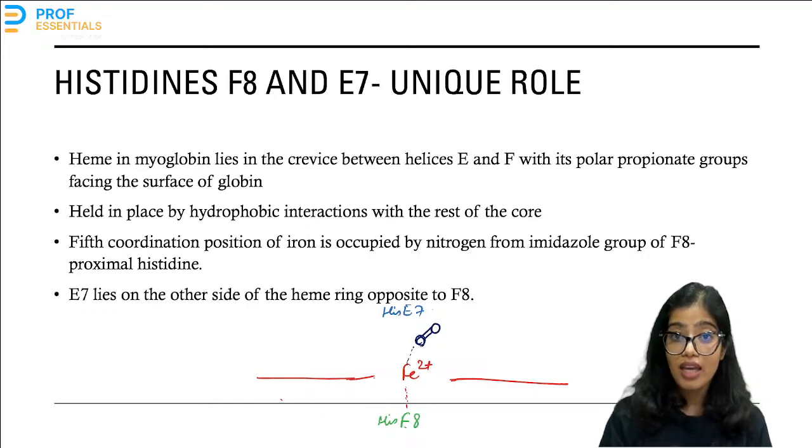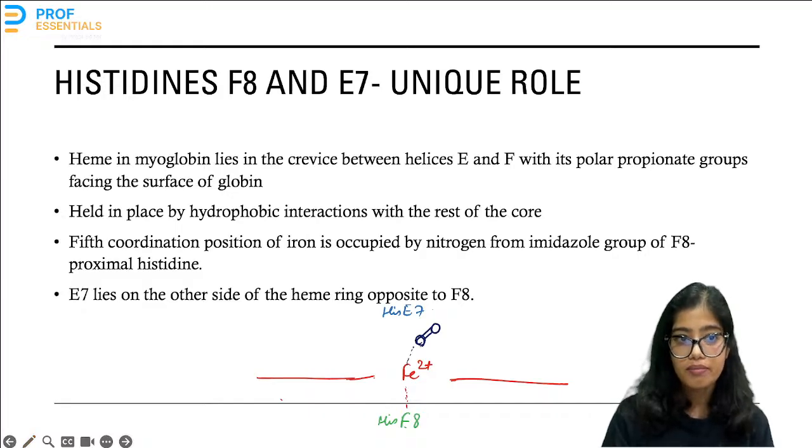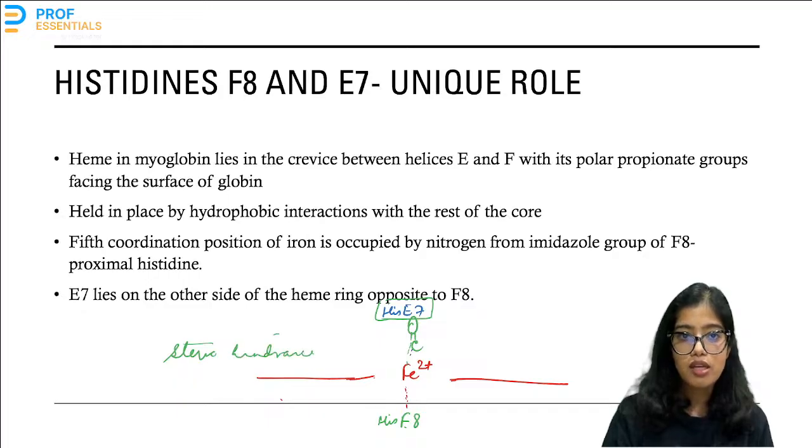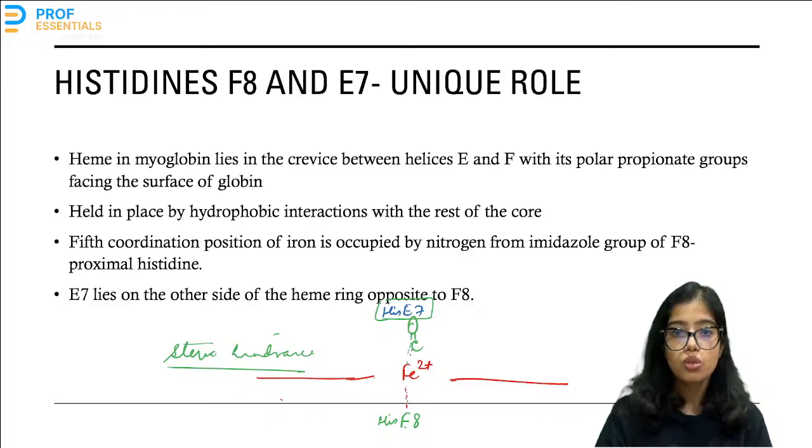Whereas when carbon monoxide comes and forms a bond here, there will be no space to form a bond, and there will be a lot of hindrance from this histidine E7. It will cause a lot of steric hindrance, that is, it is not going to give space for the carbon monoxide molecule to come and form a bond with the ferrous atom here.